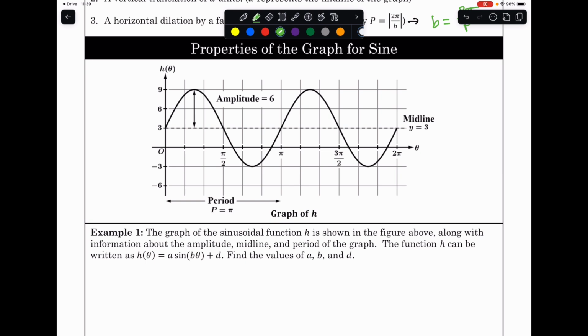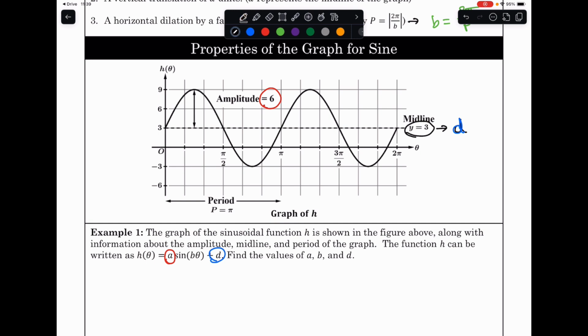Well, as you see right here, our midline in example 1 is the value of 3. That corresponds to the letter d in the formula down here. The amplitude, which in this example is 6, corresponds to the value of a.